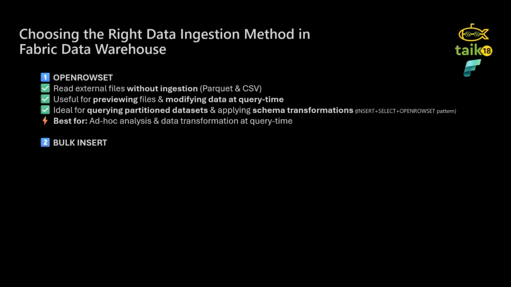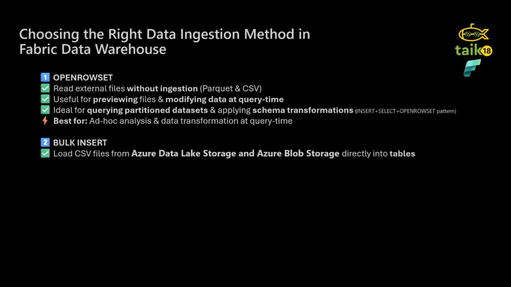Now, when it comes to bulk insert, OPENROWSET supports Azure Data Lake Storage and Azure Blob Storage as well. The bulk insert also supports CSV alone, loading data from Azure Data Lake Storage and Azure Blob Storage directly into your Fabric data warehouse tables. And if you're already using this in your SQL Server or Azure SQL databases, then you can use the same code in your Fabric data warehouse itself.